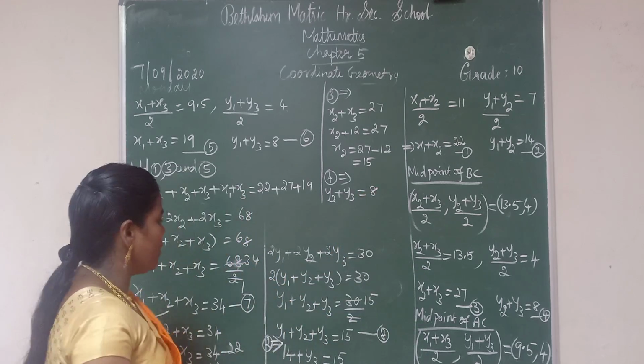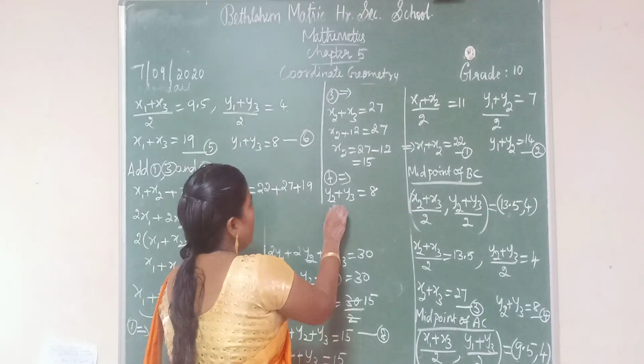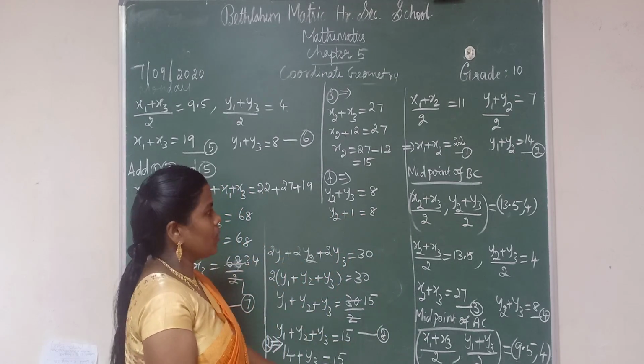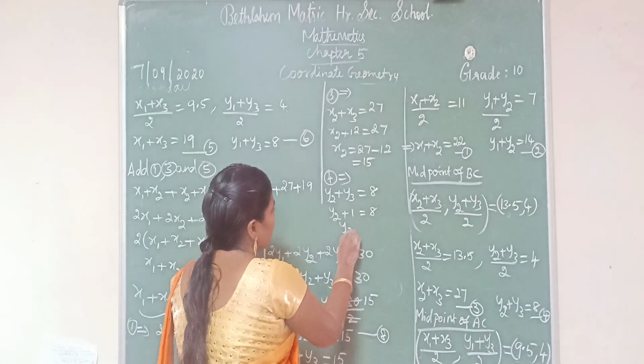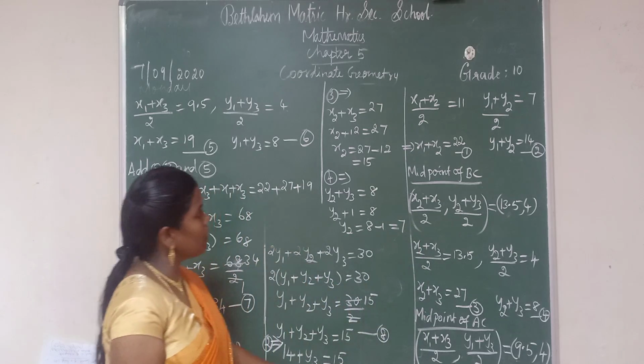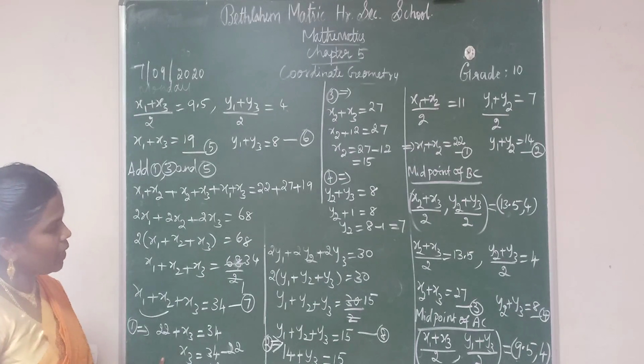We have the y3 value, y3 is 1. So y2 plus 1 is equal to 8. So y2 is equal to 8 minus 1, which is equal to 7. So x2, y2 over. And one more we have to find out, x1, y1.